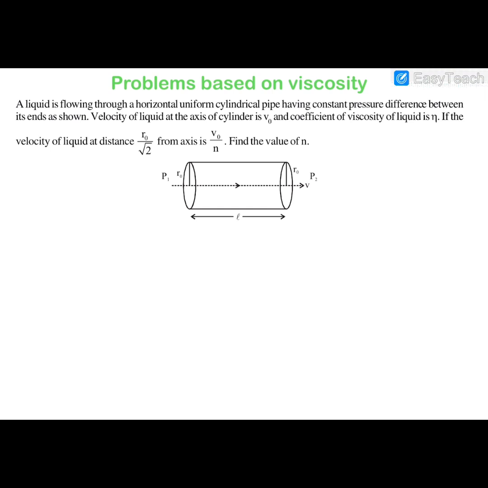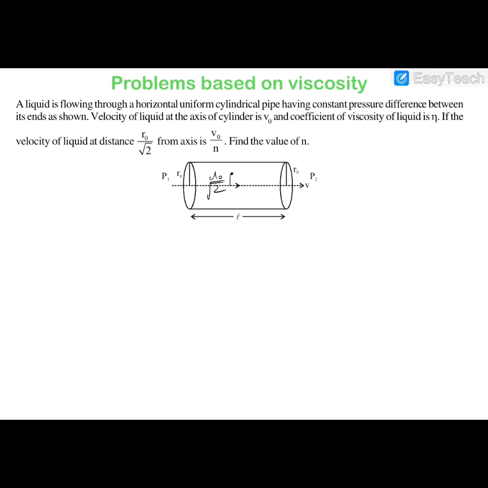So it is given that the velocity of liquid flowing through the pipe has a velocity v naught at the axis of the pipe, and the coefficient of viscosity of the liquid is eta. So we have to find out the velocity of the liquid at a distance of r naught by 2 root 2 from the axis.